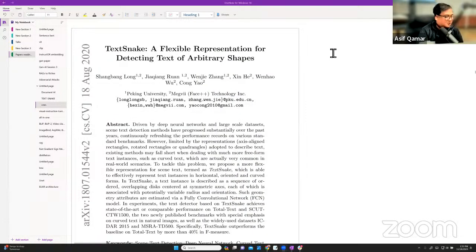The topic that I'm going to talk about today, or the paper, is an interesting paper, one of the few that I have seen which talks about recognizing scene text that is in very non-standard forms. These non-standard forms of text are much more common than you think.